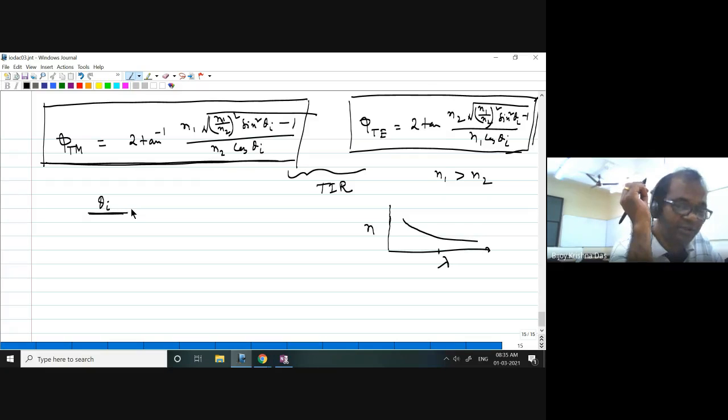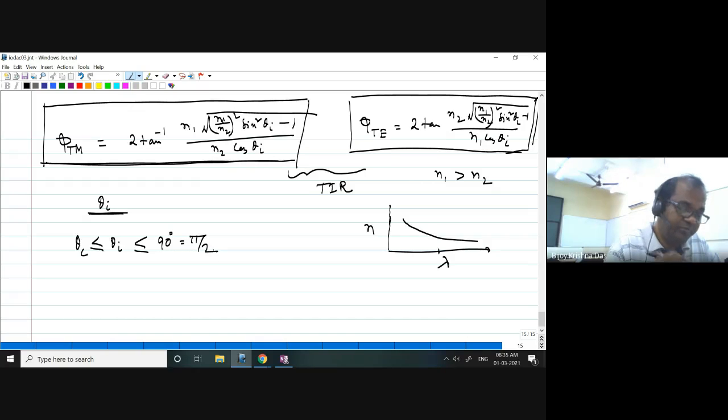Now, if I ask you quickly, looking into the expression, if I just vary theta I, for total internal reflection theta I has to be equal to theta C or greater than theta C, and it should be less than 90 degrees or pi by 2, right?